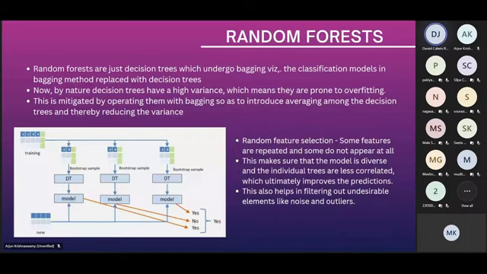So this is basically how random forests are going to be a better classification algorithm than decision trees. Let's look at how a random forest works. In the diagram given here, we have a data set which consists of four features and one target column. Firstly, we are going to select the features. As you can see, the feature selection is completely random.